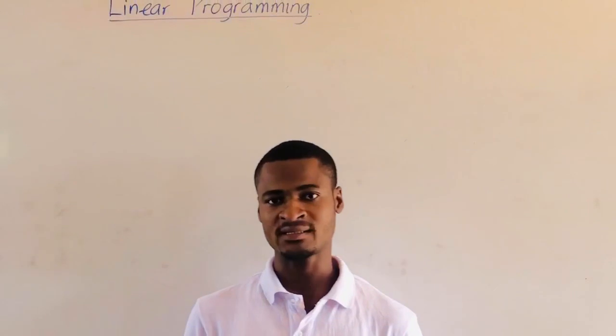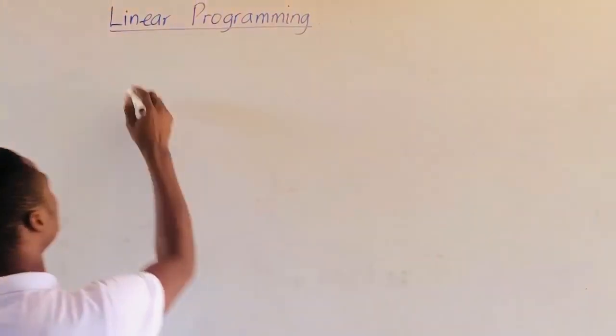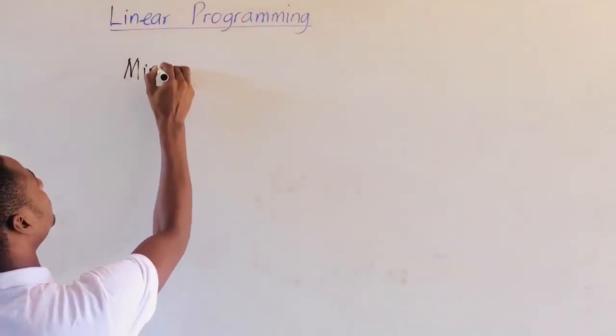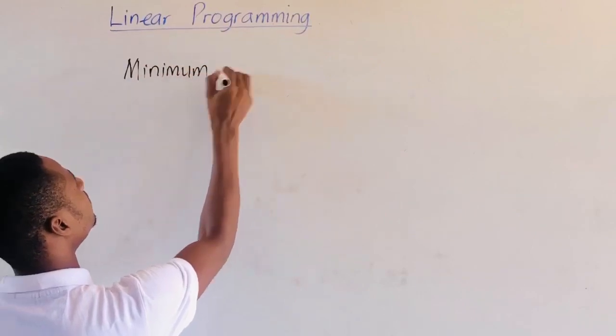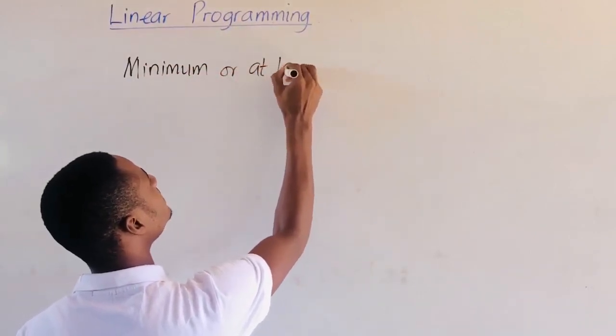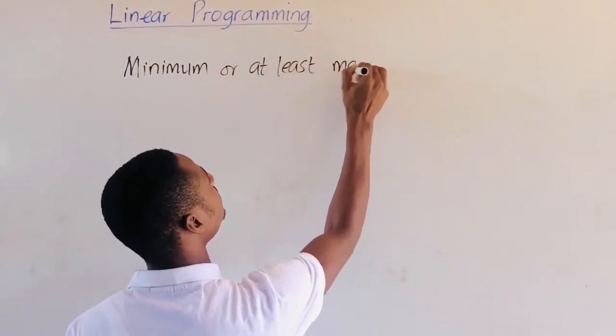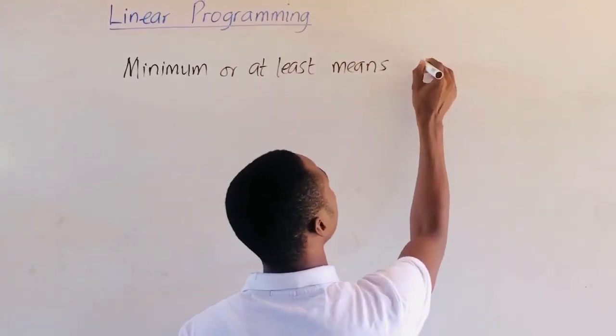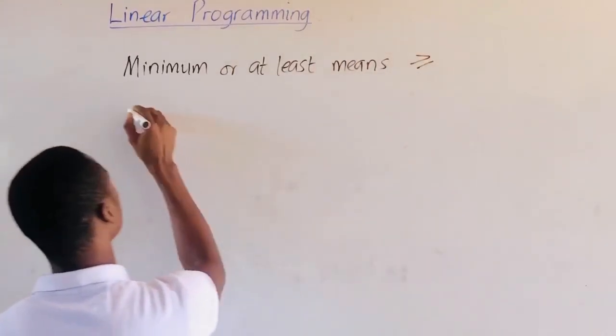Mathematical literacy begins here. Today we will continue with our lesson on linear programming. Before we get started, I want you to understand these simple terms. Minimum or at least means greater than or equal to.